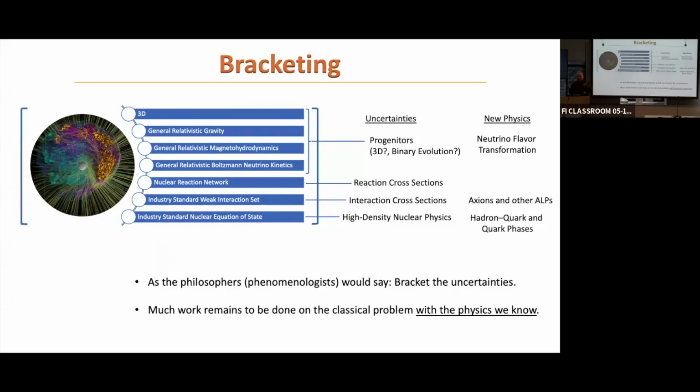There are several stellar evolution groups in the world. So Marco Limongi and company in Rome, and we have Alex Heger and company in Monash, and there's the MESA team, and Michigan State and other places. So they evolve massive stars in spherical symmetry.